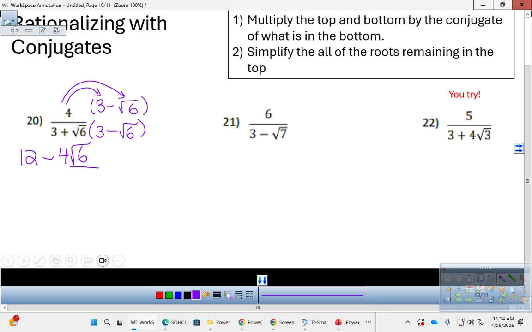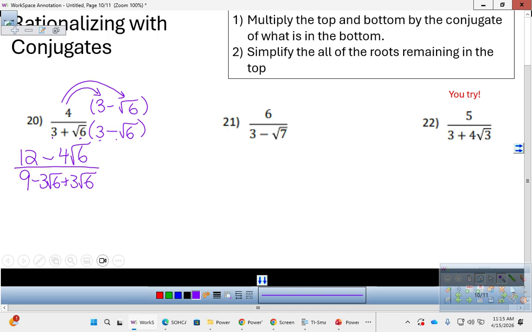Now on the bottom, it's a FOIL, because it's a binomial times a binomial. So I'm doing 3 times 3, that's 9. And then 3 times negative root 6, negative 3 root 6. Positive root 6 times 3 is positive 3 root 6, which you'll see those are going to cancel out.